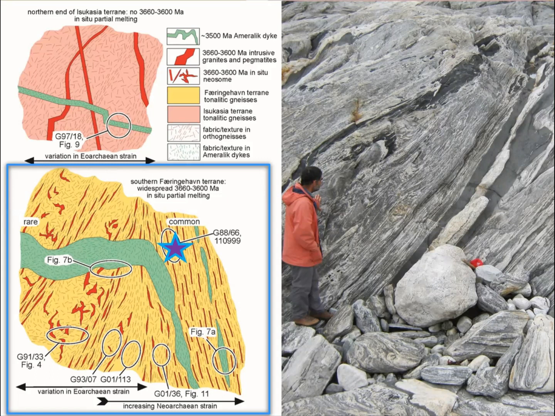However, the bottom cartoon there shows a much more typical situation where you have areas of somewhat lower deformation. So the green thing running across there again is one of these dikes, but it is folded and variably deformed and metamorphosed under amphibolite facies.